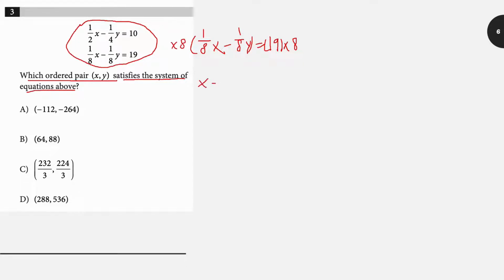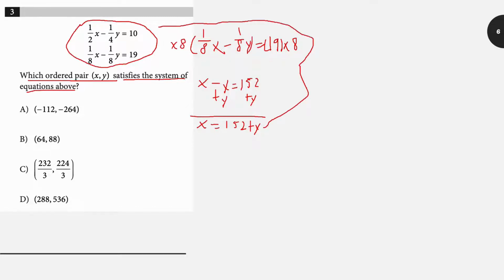So x minus y equals 152. You know that 8 times 1/8 is equal to 1, so you get something like this. You want to add y on both sides to get x by itself. x equals 152 plus y, and then you can plug this back into the first equation.